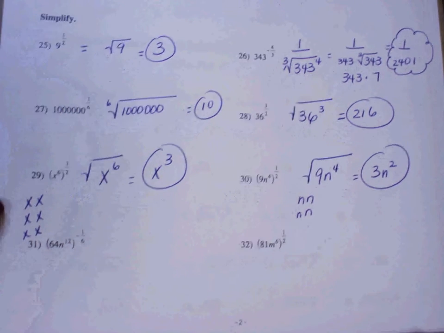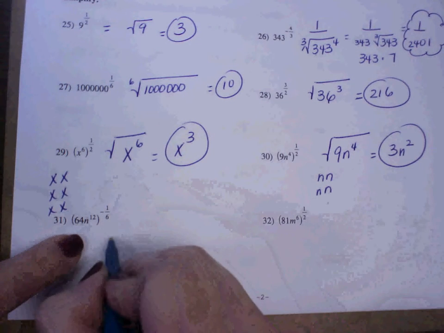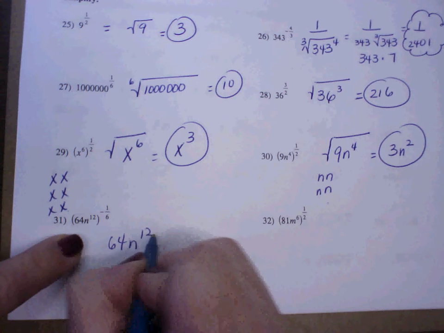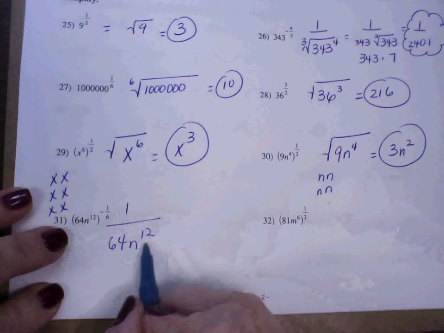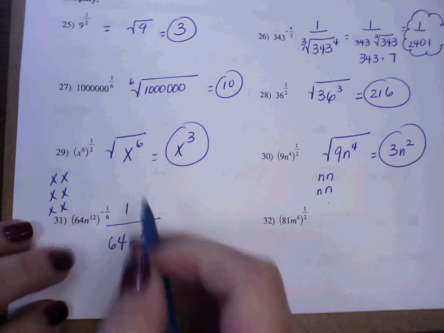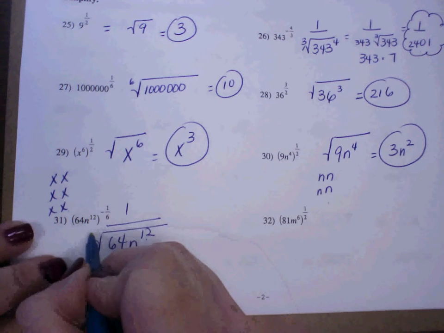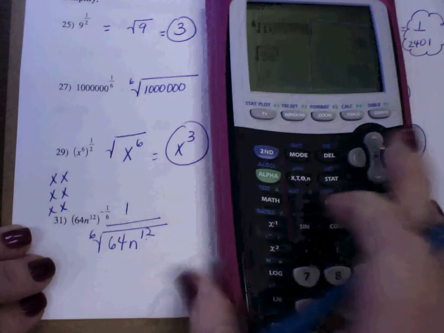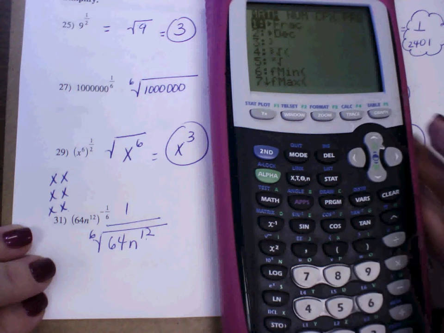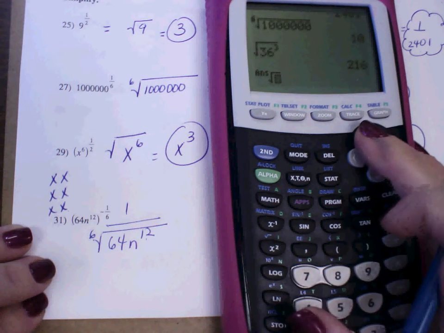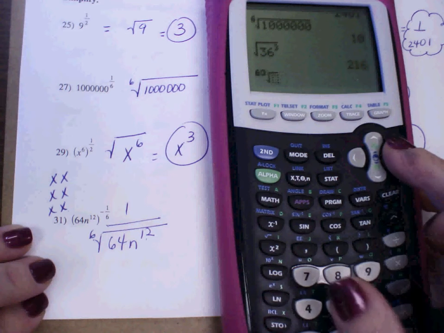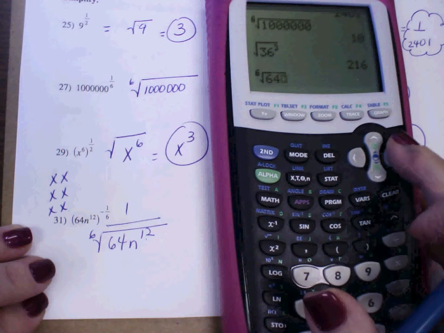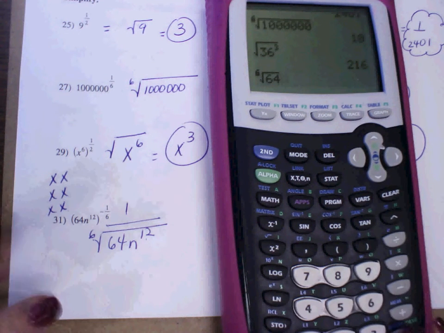All right. 64 n to the 12th. How many do I have? Over 1, right? 1. And what kind of root is it? 6. So let's do the 6th root of 64. I think it's 2.